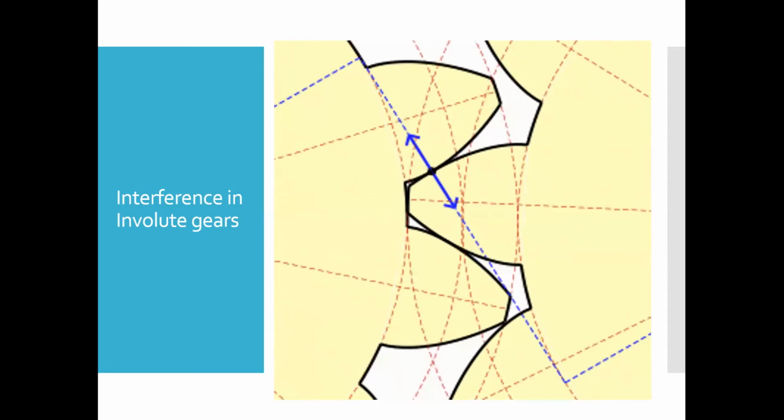If this is the size of the gear, we need this much number of teeth, which is fixed and depends on the size of the wheel. So we need to calculate the minimum number of teeth.